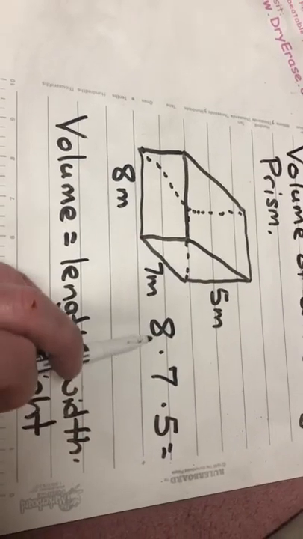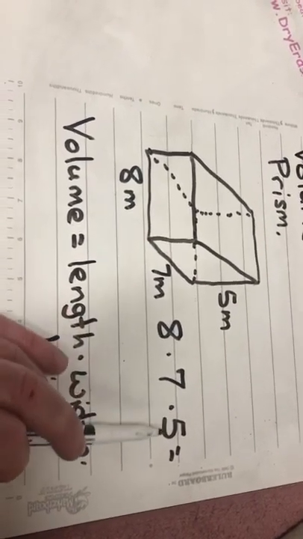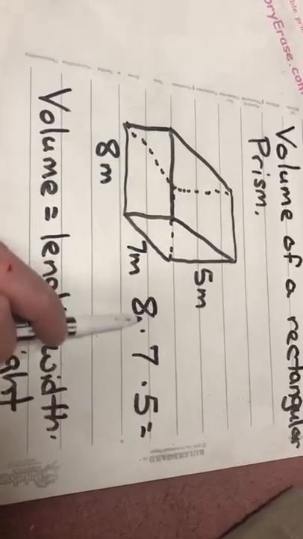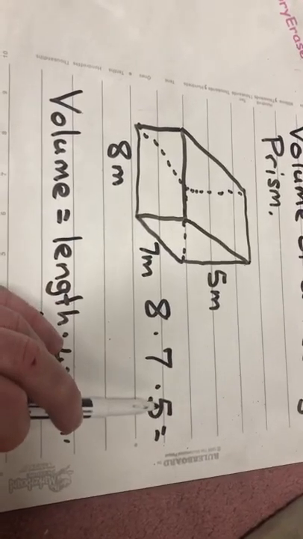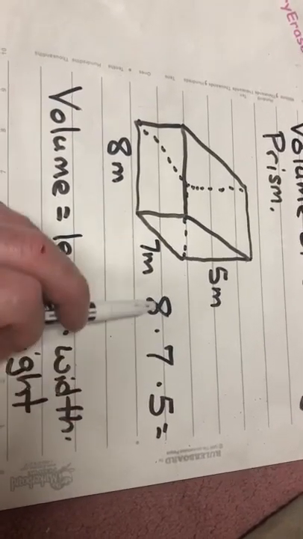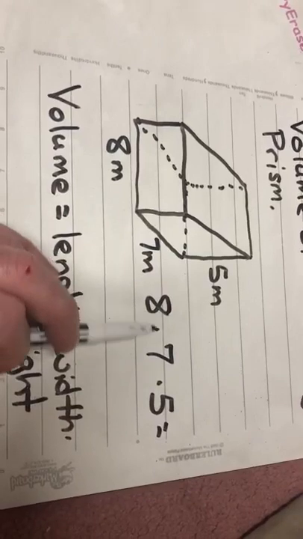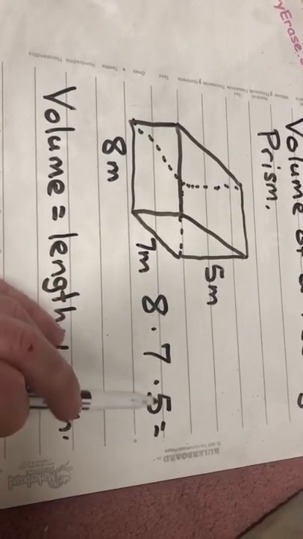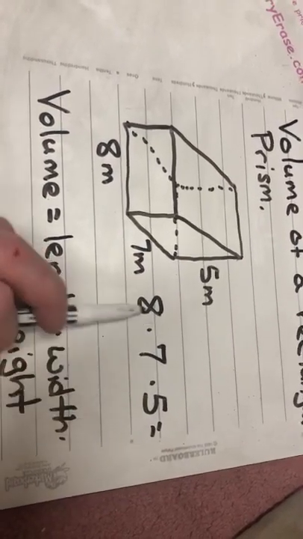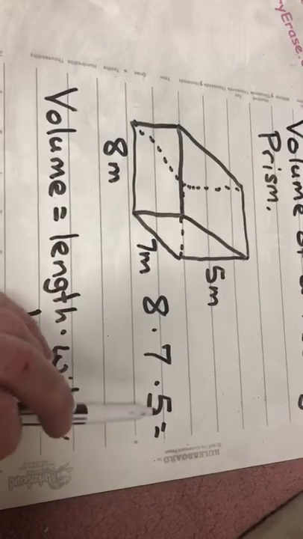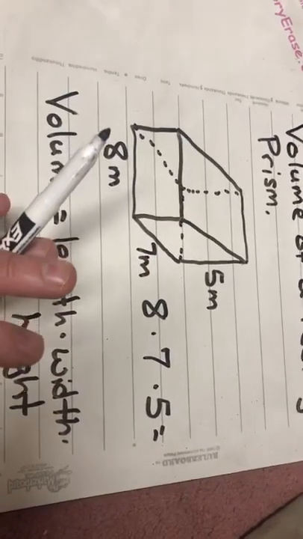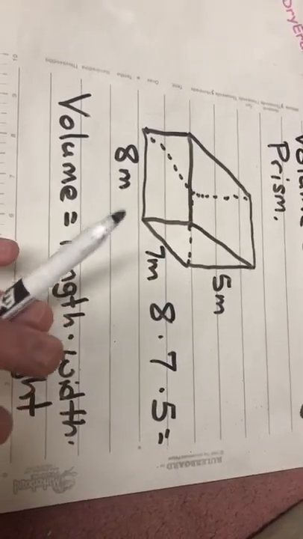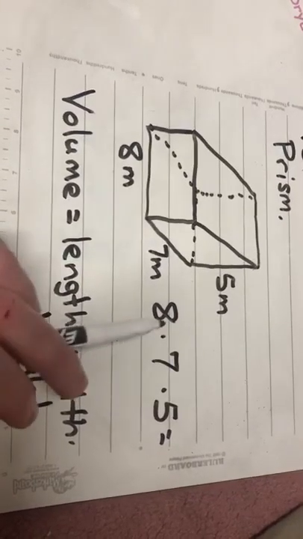Like here I have 8 times 7 times 5. If I wanted to do 5 times 7 times 8, or 5 times 8 times 7, or 7 times 5 times 8, it doesn't matter what order. As long as I do the multiplication correctly, I'm going to get the same answer.